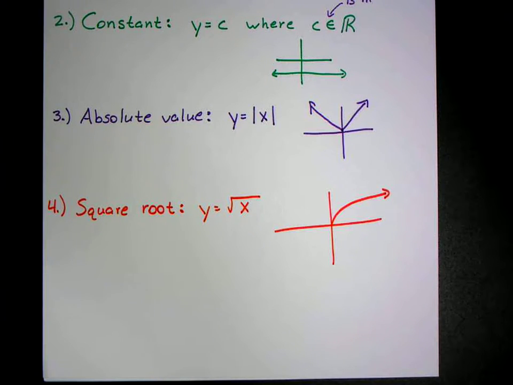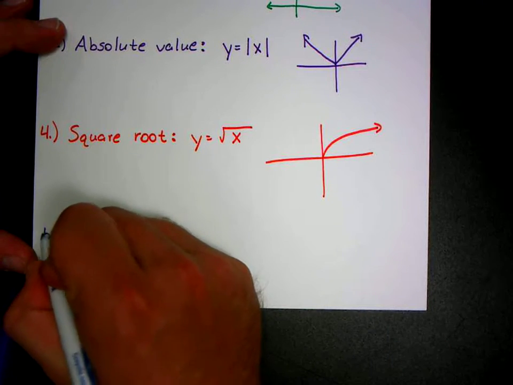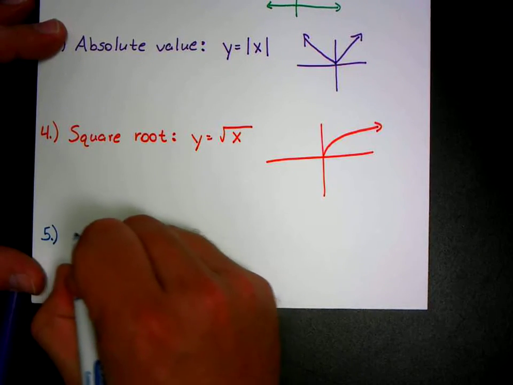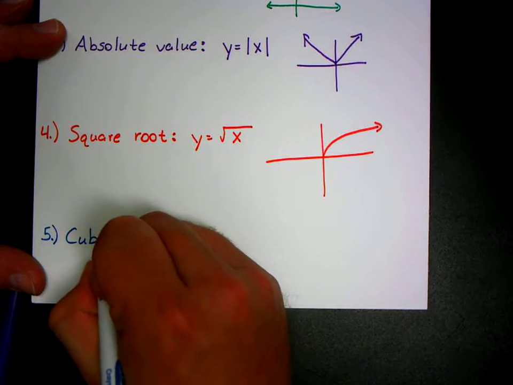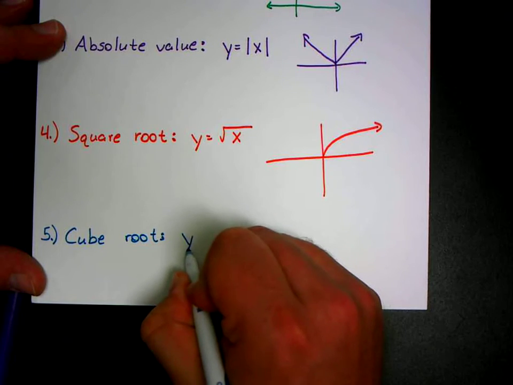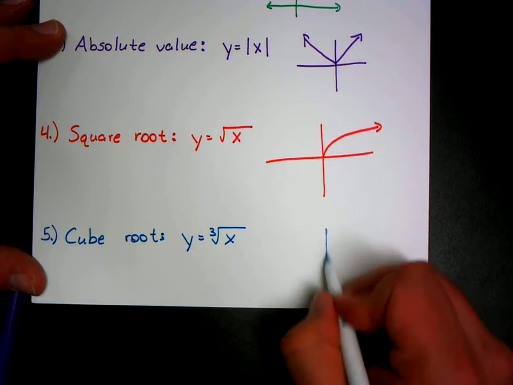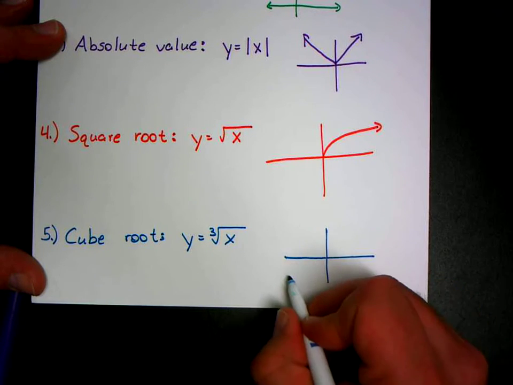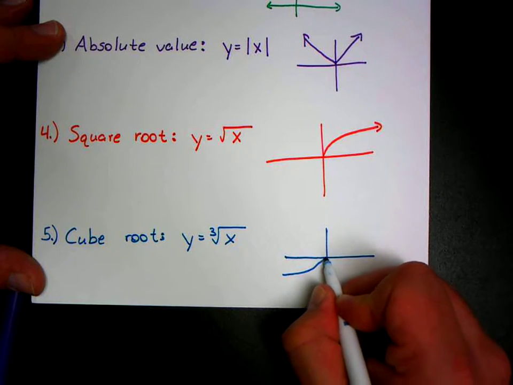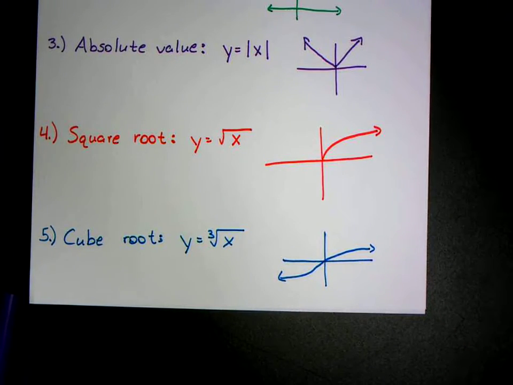Same with the next one, cube root. Cube root looks like square root, it just goes in both directions.